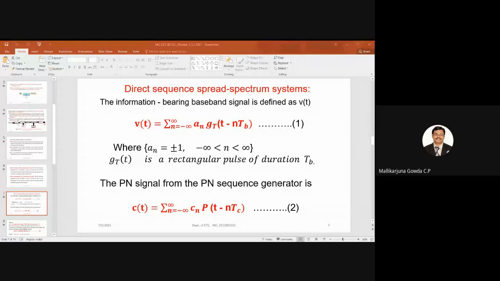I am asking, how do we represent this 0, 1, 0, 1, 0 by using polar NRZ? How do we represent 0? How do we represent 1?